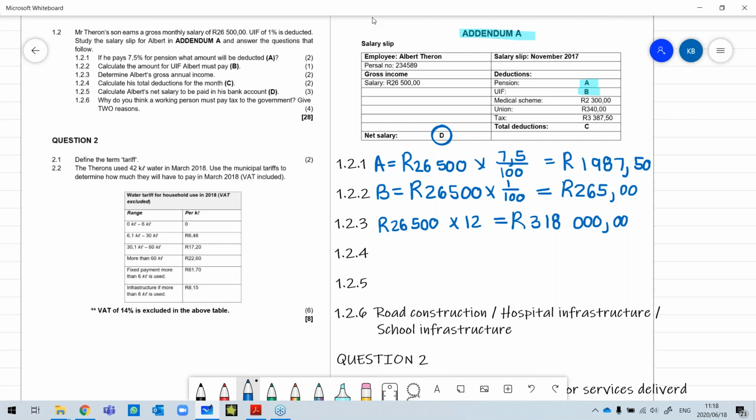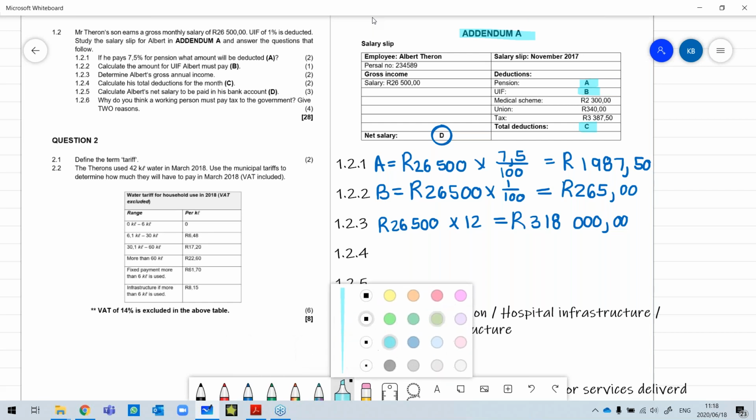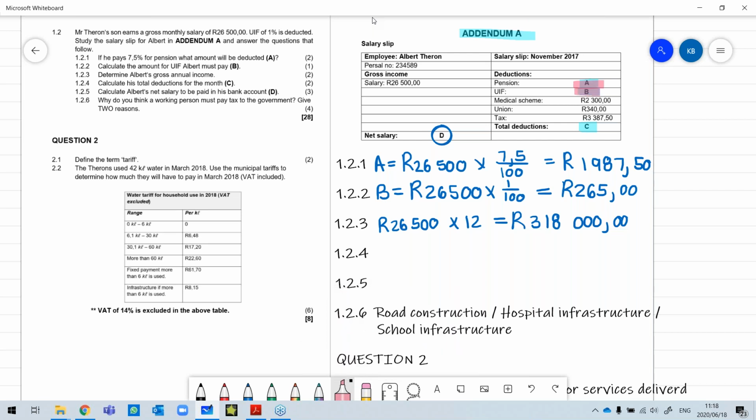Question 1.2.4. Calculate his total deductions for the month. So we are now going to calculate the value of C, the total deductions. Now, I'm not going to write out all of those values, but his total deductions, you can determine that by saying A plus B plus 2,300 plus 340 plus 3,387 Rand and 50 cents.